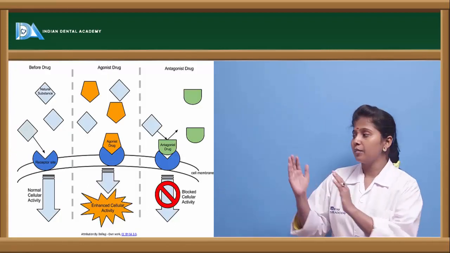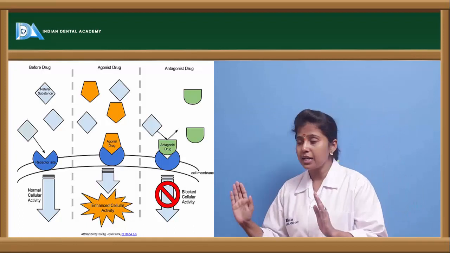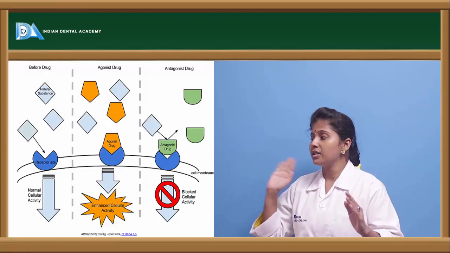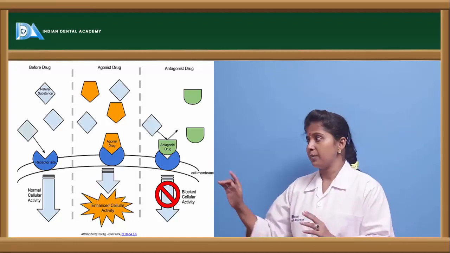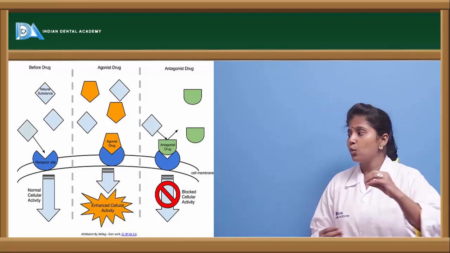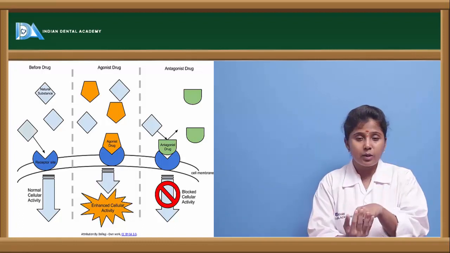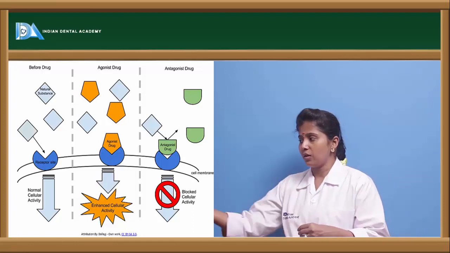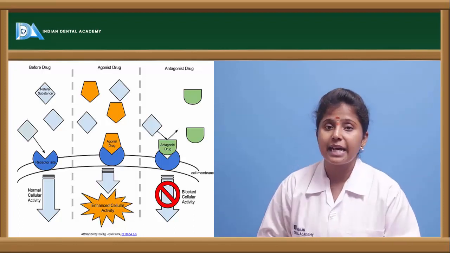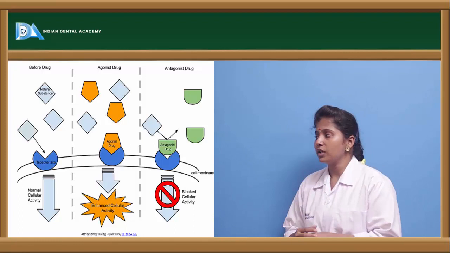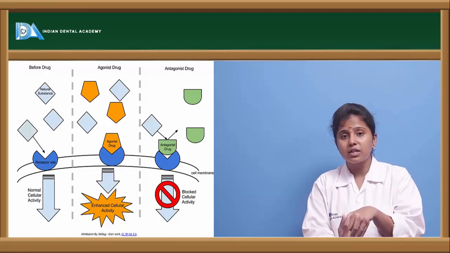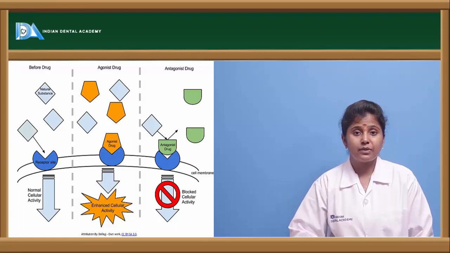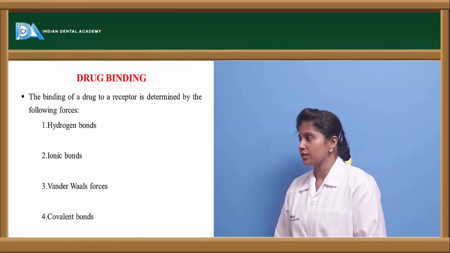If we see this diagram, normally before any drug binds, the receptor is free and there is normal cellular activity. But when an agonist comes and binds to the receptor, it shows more action compared to the normal cellular activity. Here we can see the cellular activity is enhanced. When an antagonist comes and binds on the receptor, there will be no cellular activity, in the sense that the cellular activity is blocked by the antagonist.